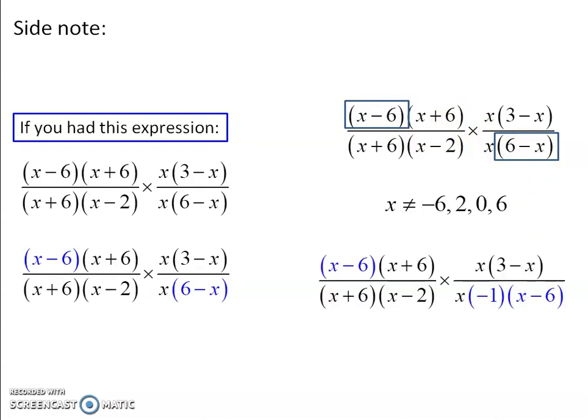Those two factors differ by a factor of -1. If I multiplied this out, I would get 6x and minus x squared. And if I multiplied these out, I would get -x squared plus 6x, the same thing as this. Though this looks a little bit different because it has a minus sign, these are in fact equivalent.